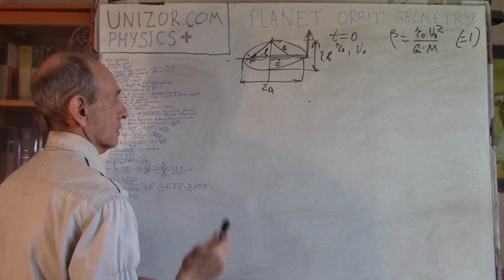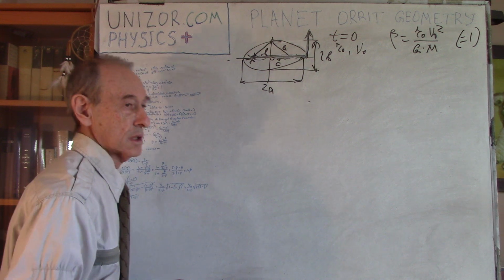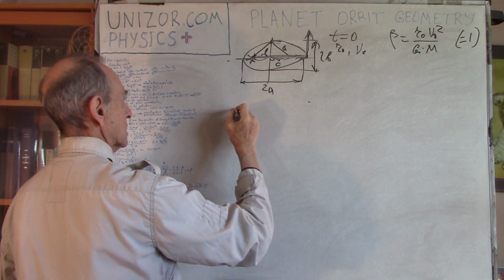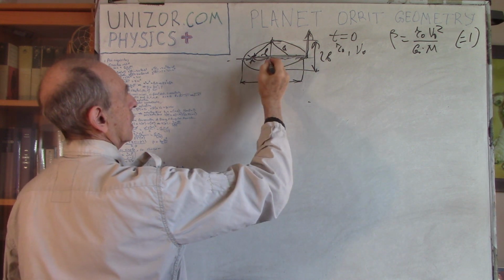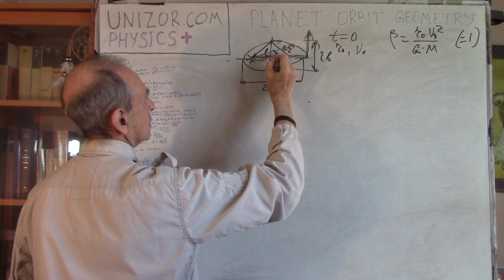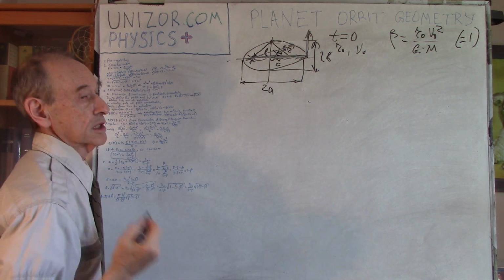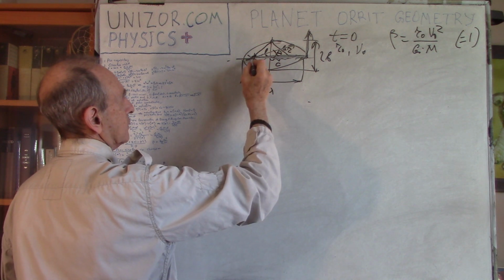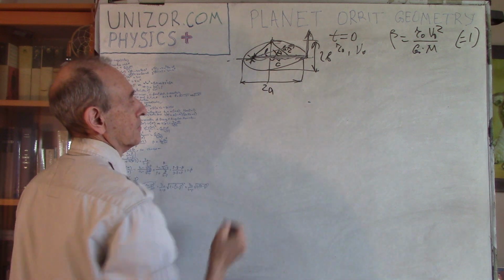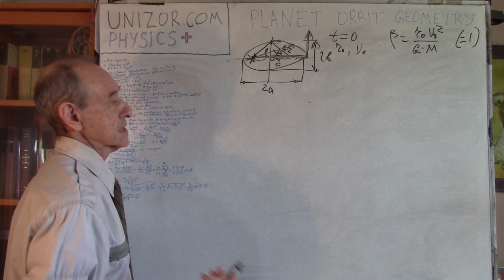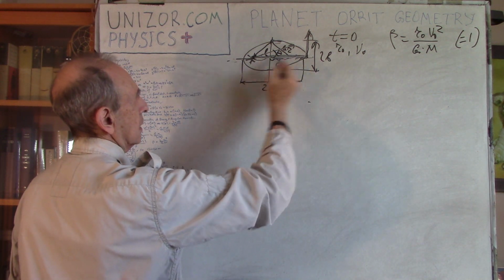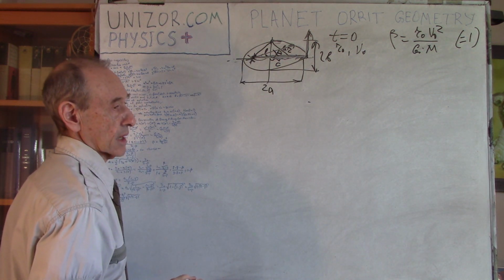So first of all, the equation of the ellipse has been derived, and basically the equation is r depending on angle theta in polar coordinates. So we have chosen polar coordinates with the pole at the sun, with the base axis of the polar coordinates coinciding with the semi-major axis.